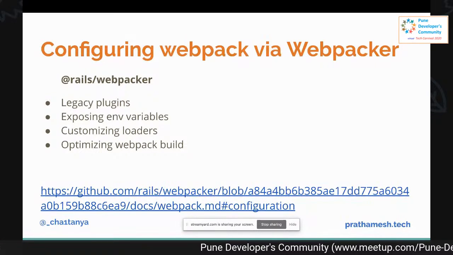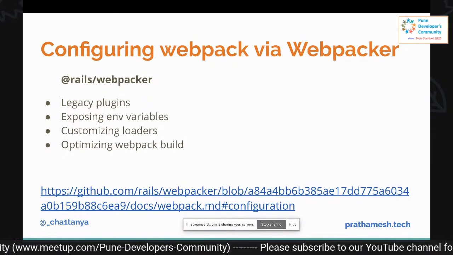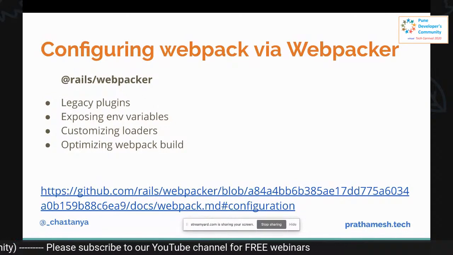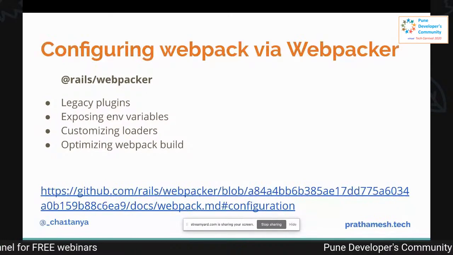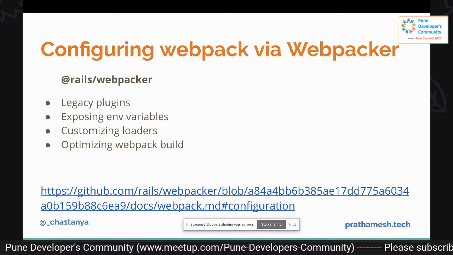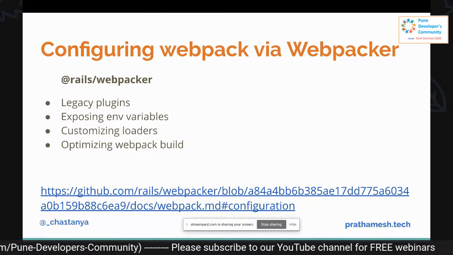Basically, you have some legacy jQuery plugins in your application that you want to expose to Webpack, because as we discussed, the design philosophy of Webpack and most of the other JavaScript build tools is that nothing is exposed as global. We have to import every package in the file where we want to use it, and that file will only have access to that particular package.